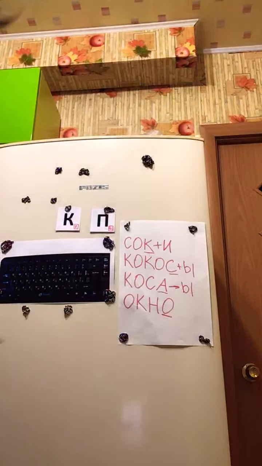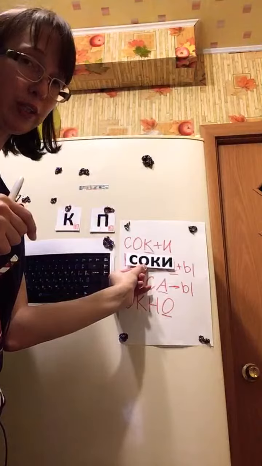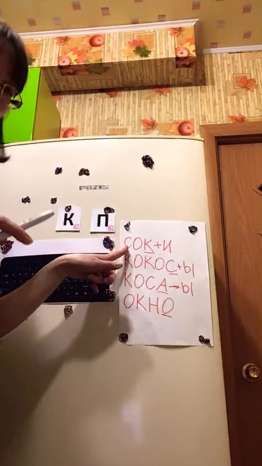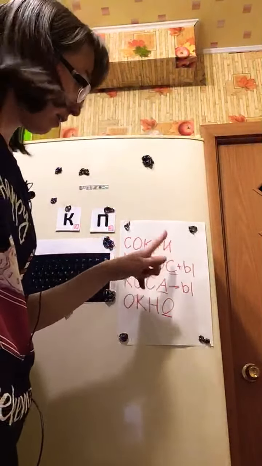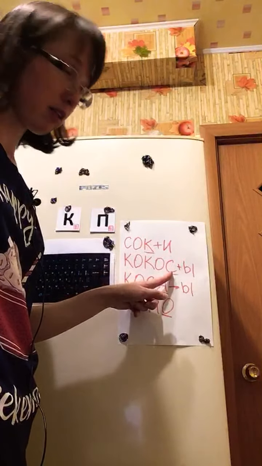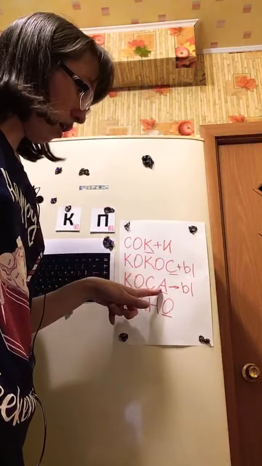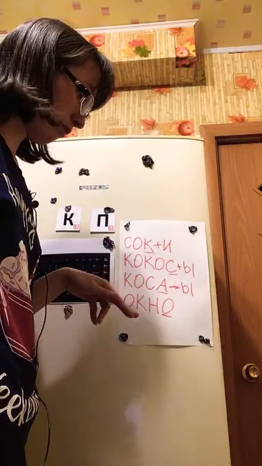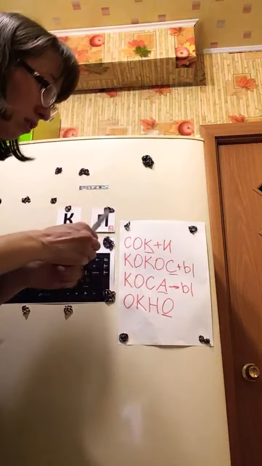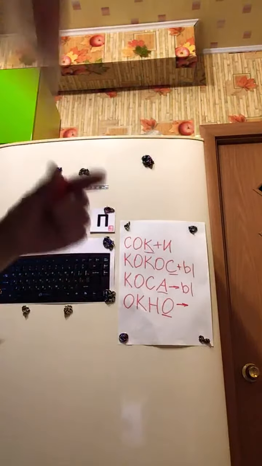Сок, соки. I in the end. Masculine, but with the letter K in the end. Masculine with another consonant: Y in the end. Feminine: A becomes Y. Neuter, what about neuter? O becomes what letter?